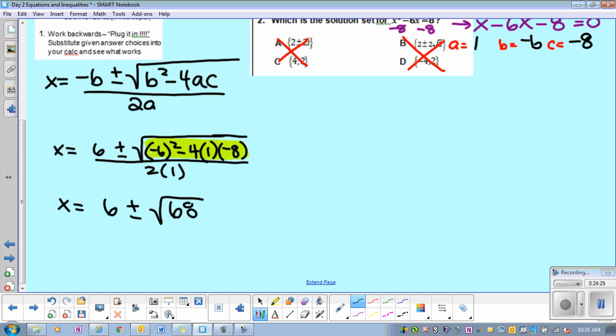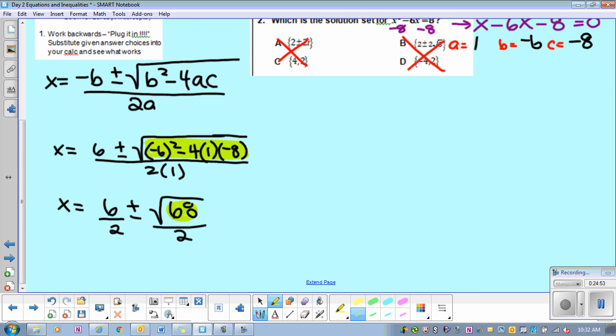Good. All over, what's 2 times 1? 2. So just split up that 2 for each of those terms so that we don't forget, okay? But do you break the square root in half though? Not just in half, you just need to break it down. Square root of 68, good. We need to break this down, yes.